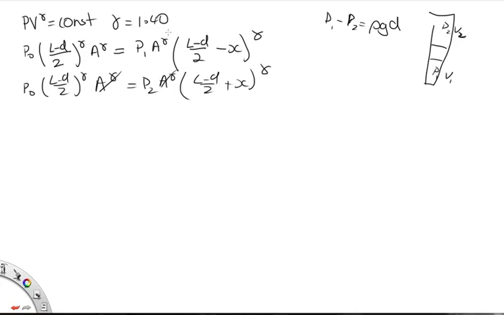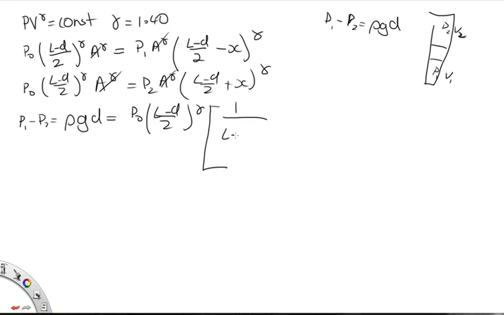The A to the gammas cancel out. And then P1 minus P2 is equal to rho GD, which is equal to P naught (L minus D over 2) to the gamma. That happens in both these ones. And then we've got 1 over (L minus D over 2 minus X) to the gamma minus 1 over (L minus D over 2 plus X) to the gamma.